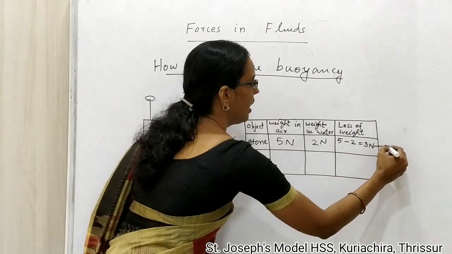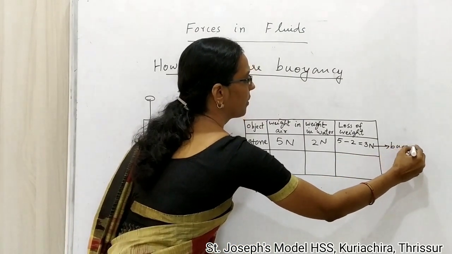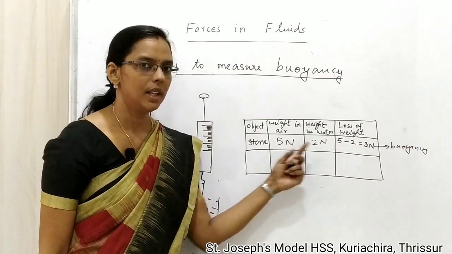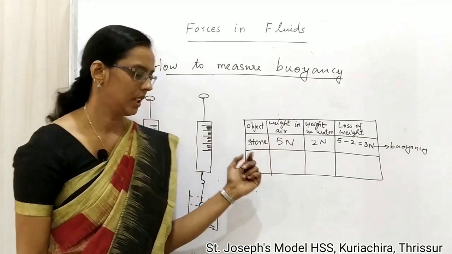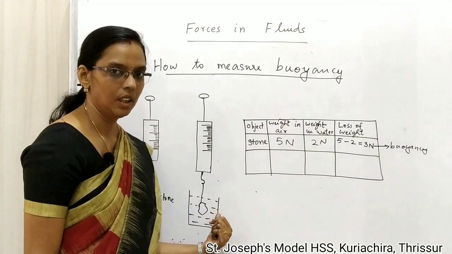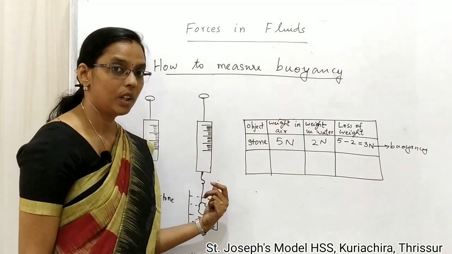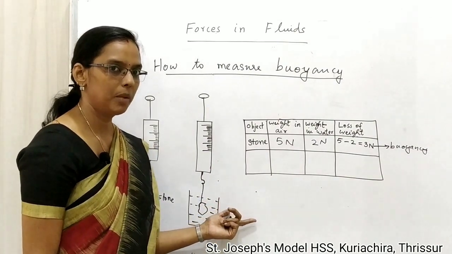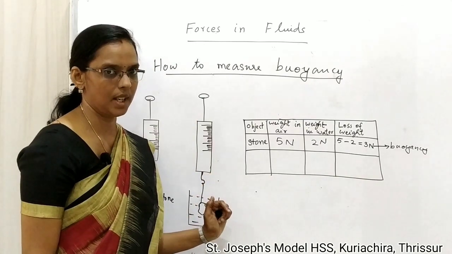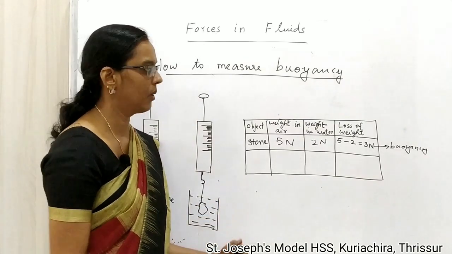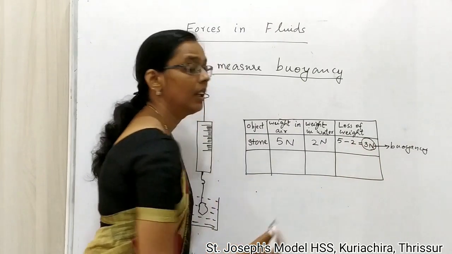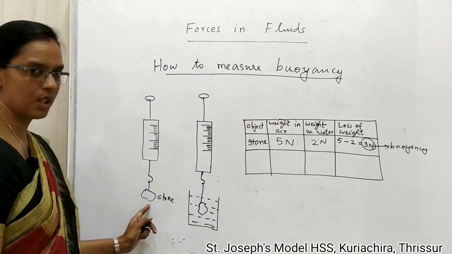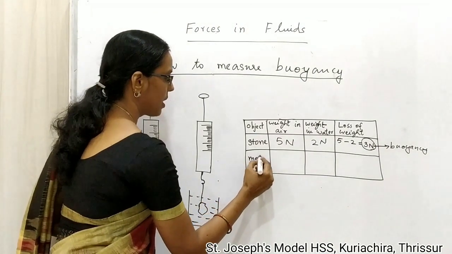So buoyancy can be measured by simply weighing the object in air and in water, or any other liquid you can use. The difference in weight constitutes our buoyancy. Instead of a stone, you can take a metal piece also.